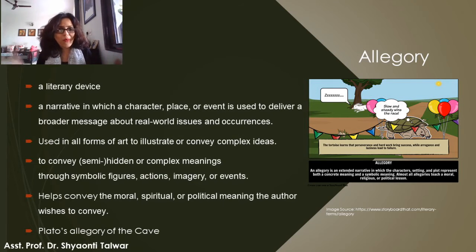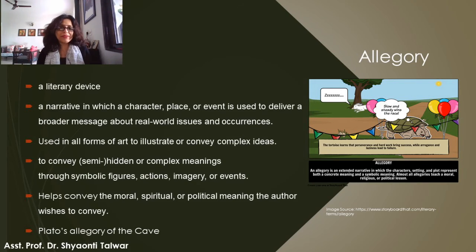This cave is not all. But the cave people don't believe him or her. We don't know whether it was a man or a woman. So the cave people don't believe this person because they have never stepped out of the cave.